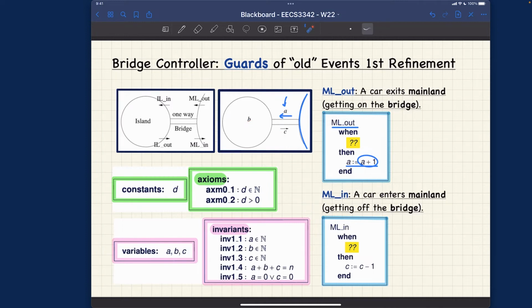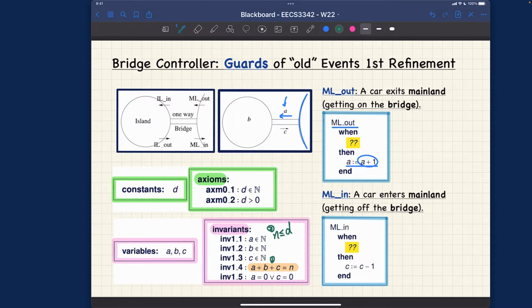Remember, we have this invariant: A plus B plus C should be equal to N. So before we can go onto the bridge, given that A plus B plus C is equal to N, and also that from the initial model N is less than or equal to D, we want to make sure these two conditions hold. So those are my hints to you.